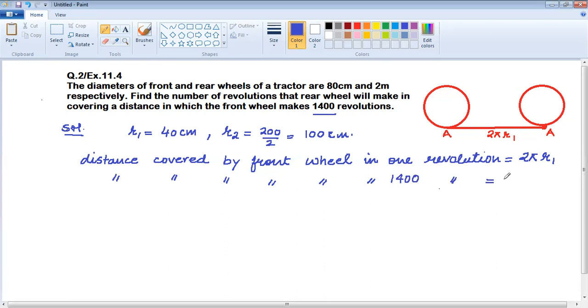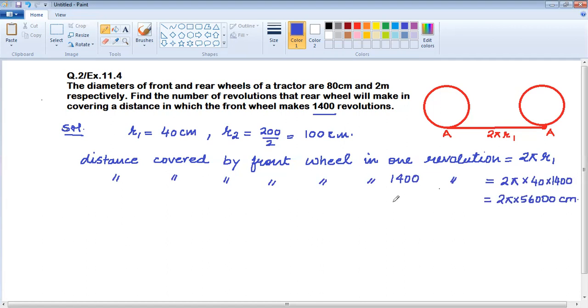So the distance covered is 2 pi R1, we have calculated 40 centimeter, and number of revolution is 1400, and therefore distance covered is 2 pi times 56,000 centimeter. I have not substituted the value of pi here. You will notice that we have to find the number of revolution, and so there is no need to substitute pi, it would be cancelled out.